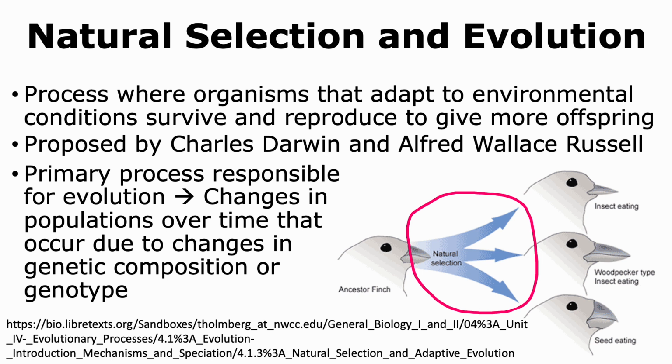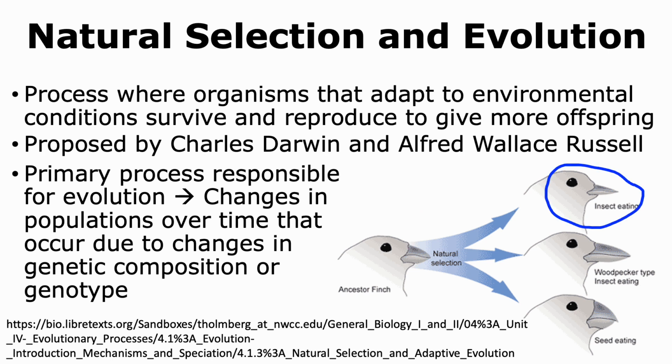And this created different types of finches, where we had one type of finch that had a beak that was good for eating insects, while there was another one that had a different type of beak to bore into wood to find the insect. And finally, there was another population that evolved that had beaks that were good for eating seeds. This way, environmental pressures through the process of natural selection allow populations to evolve.